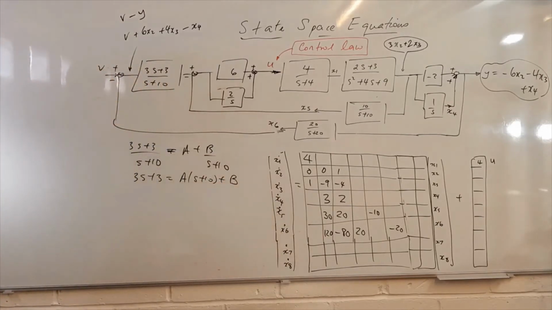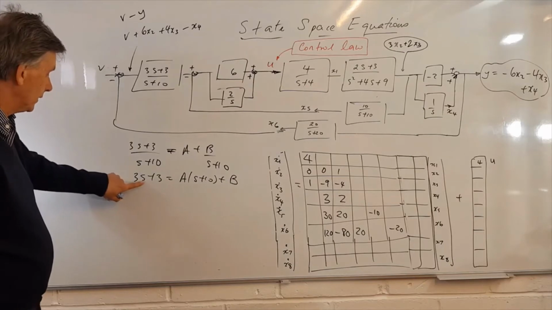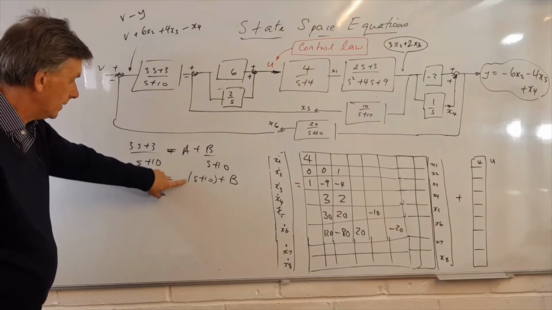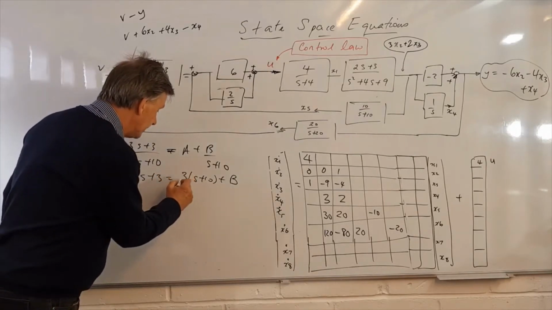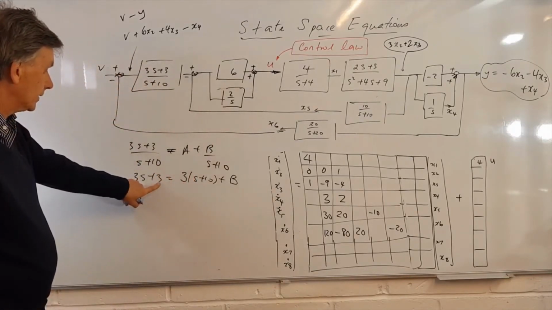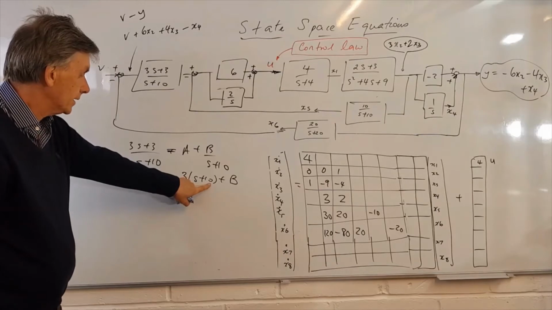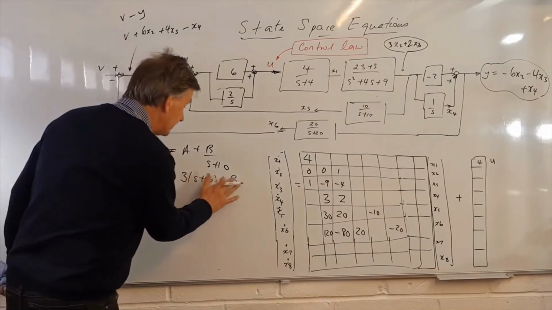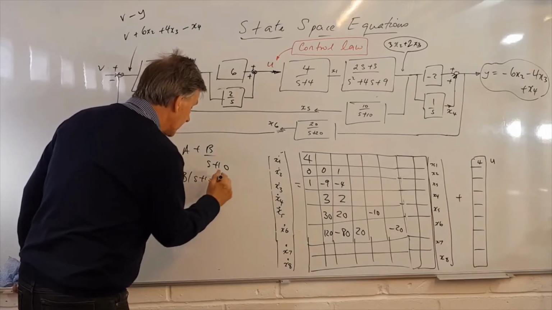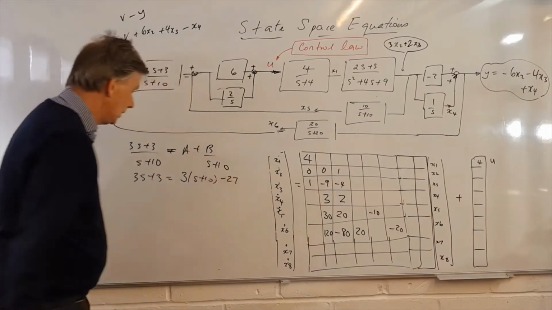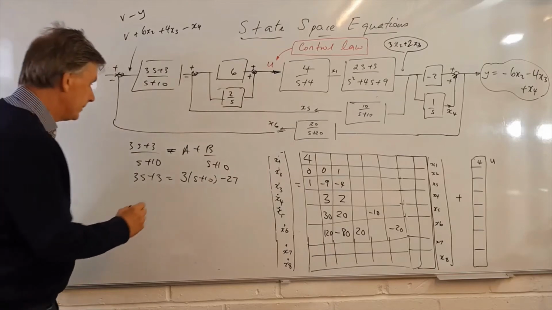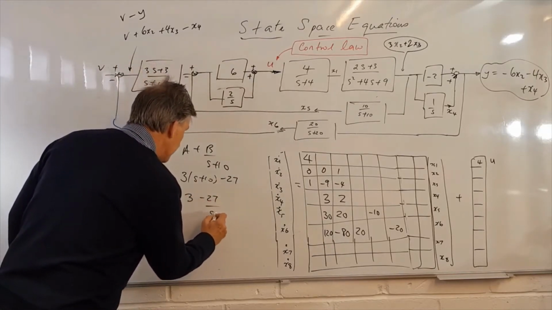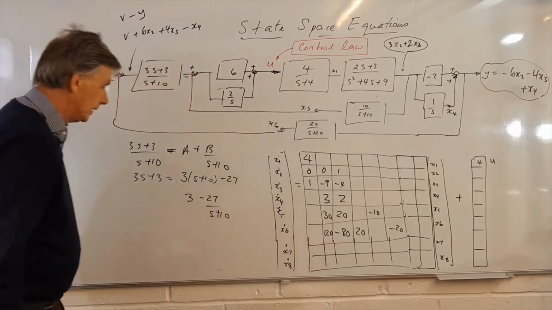Now we can do a compare coefficients. So the coefficient of s is 3 and here is a, so a is 3. So that gives us the 3. Then this number is 3. 3 tens are 30, so b has got to be 30 minus 27. So we could rewrite this as 3 minus 27 over s plus 10.